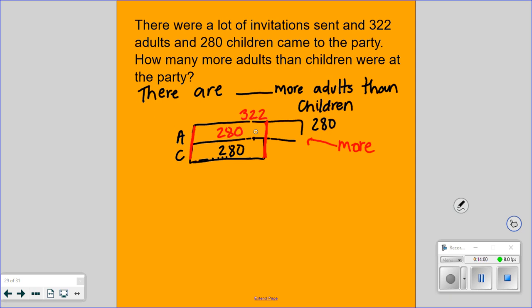If I start with my 280, and then I add whatever my more is, the mystery number, I know I will get my total number of adults. Does that make sense? So 280, because I know I have at least 280 of them, plus mystery number is equal to my total number, 322.